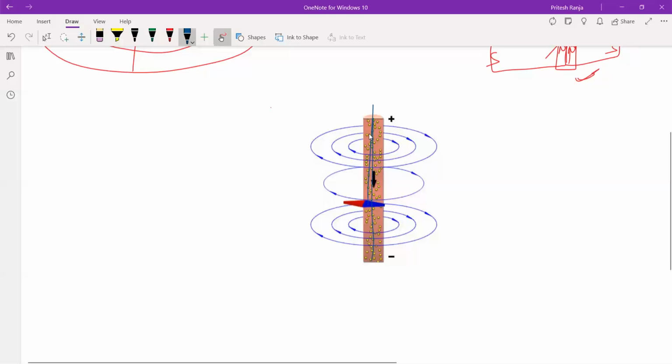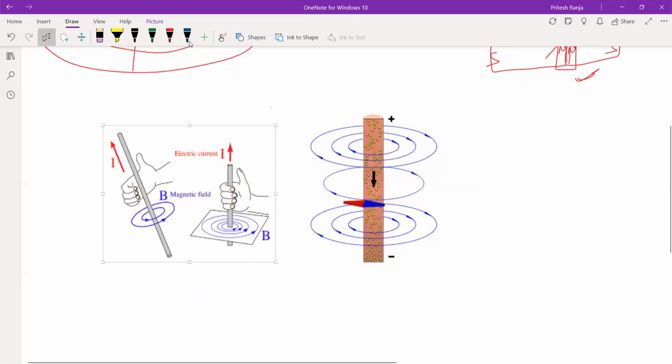This is the wire which is in the plane of the computer screen, let's suppose. So around the wire, these circles are perpendicular to this plane. You can assume it with respect to this case.